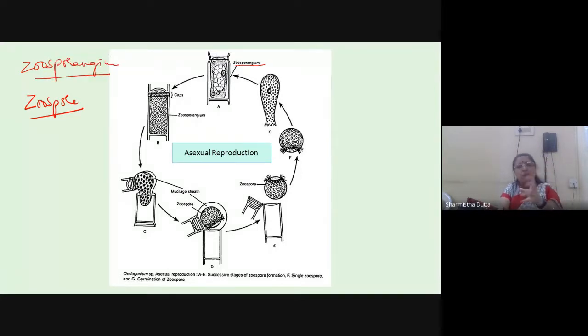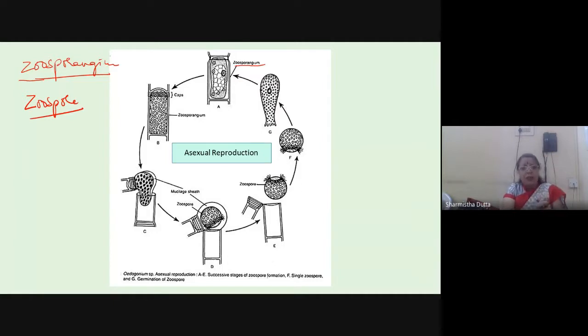Zoosporangium, sporangia means a sac. You have heard about this term, sporangia, which will produce spores. Here we are calling it a zoosporangium. Why does it get the name zoosporangium? Because they are all motile. You know very well, plants are considered to be sedentary. They should not be moving.